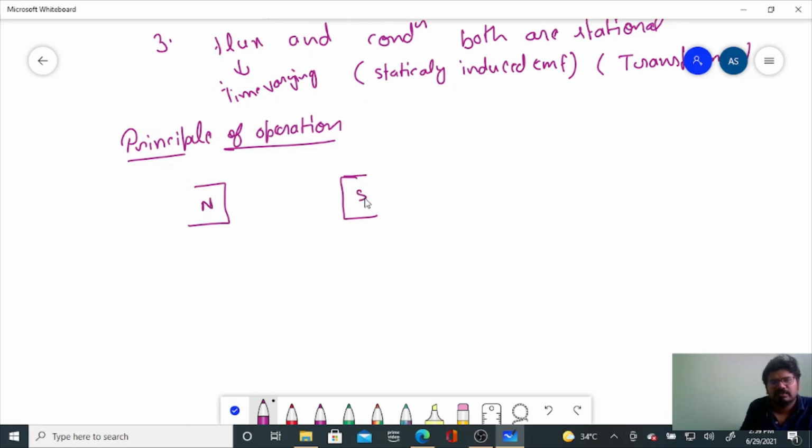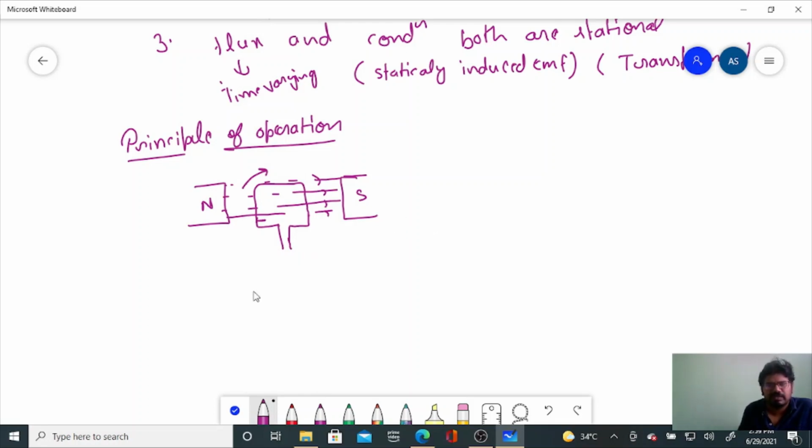Here we have a stator part, with four poles developed in it. If we have a conductor in between these poles, there will be a flux from north to south. If the conductor is rotating in this flux, let's say in clockwise direction, meaning we are applying a mechanical input to this conductor, then there will be an induced EMF by Faraday's first law.